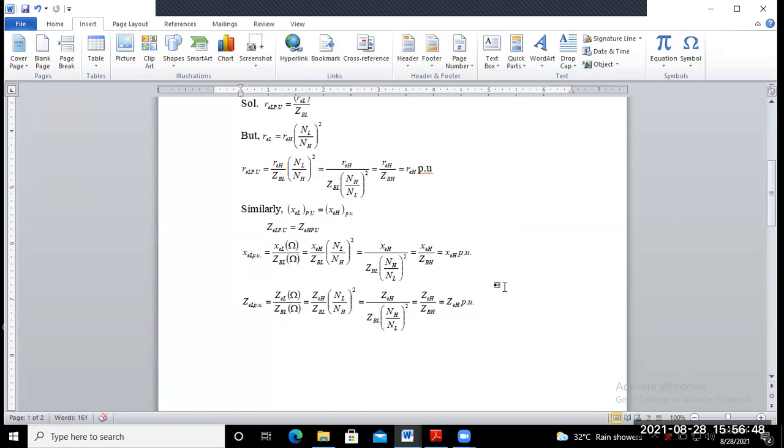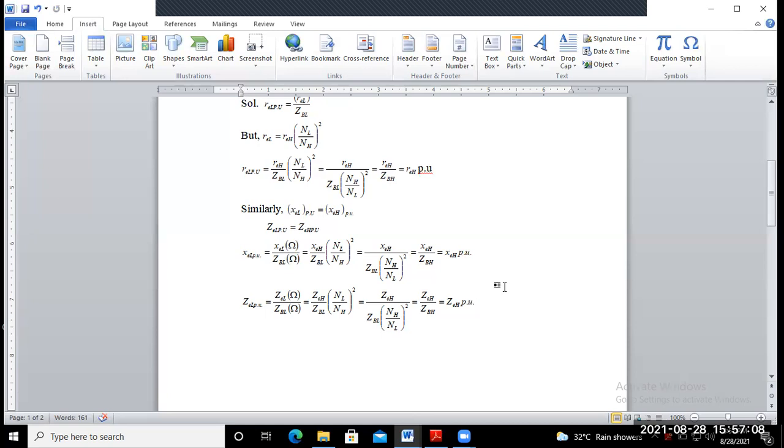Either you can also convert voltage and current in per unit. That means high voltage side, low voltage side, voltage and current can also be represented in per unit, single phase.